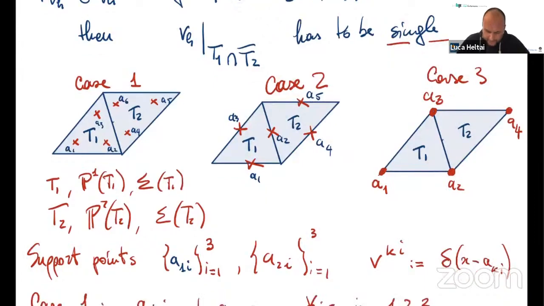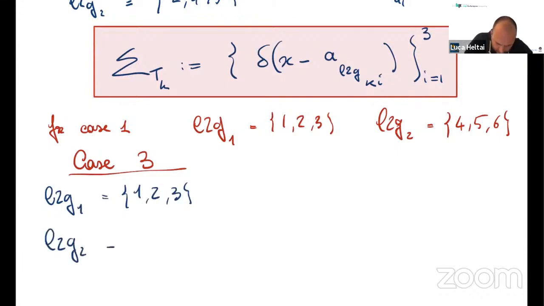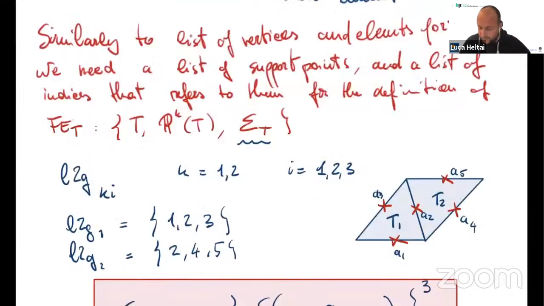So in case number 3, the local to global 1 is 1, 2, 3. And in the case number 2 is 2, 3, 4. Okay. Now here, I haven't been very careful about the orientation.